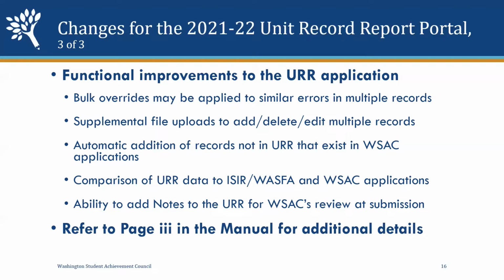So if you get the same error message, like number in college needs to be greater than 1, and you have a canned response for those, you can actually check those errors and put the same message in. I think it's going to be a pretty nice change for you all.